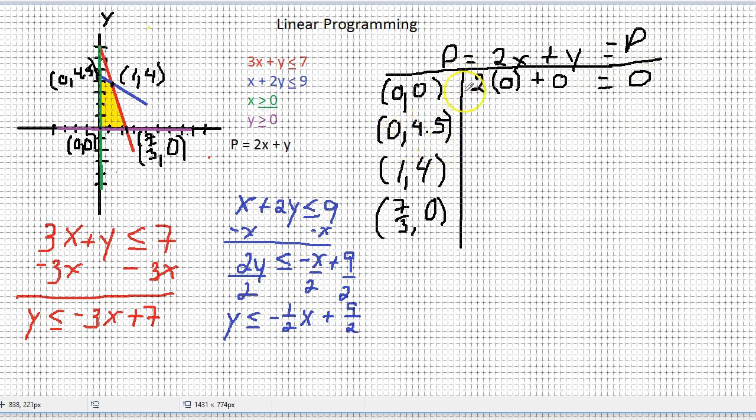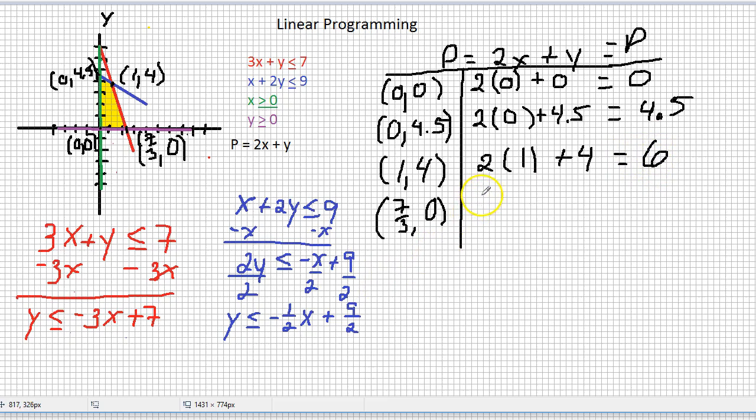All right, 2 times 0 plus 4.5 is going to give us 4.5. And then 2 times 1 plus 4, well, 2 times 1 is 2. 2 plus 4 gives us 6.